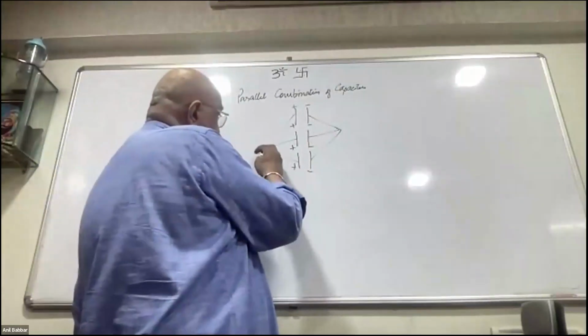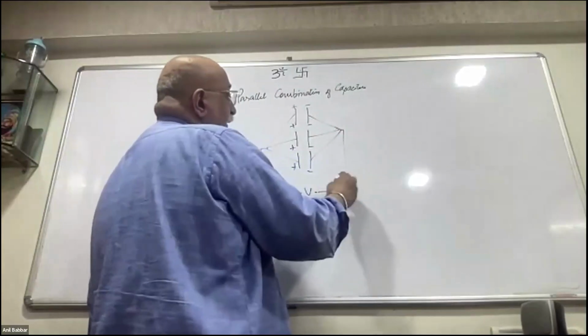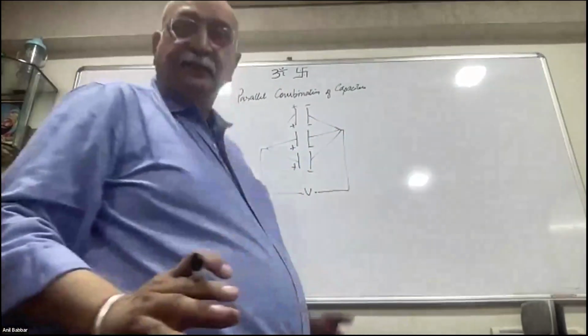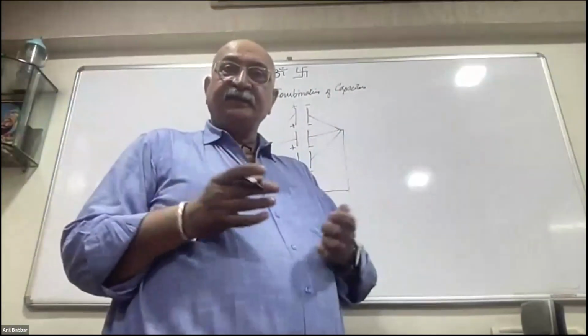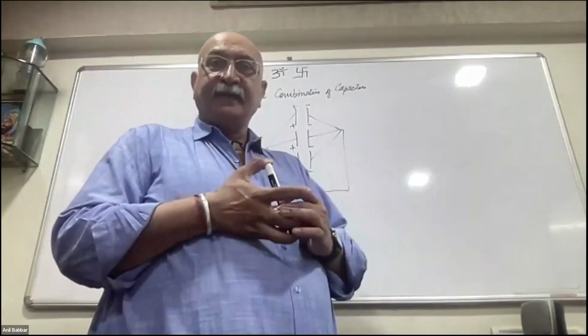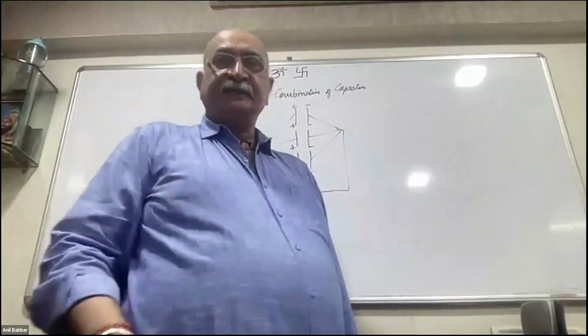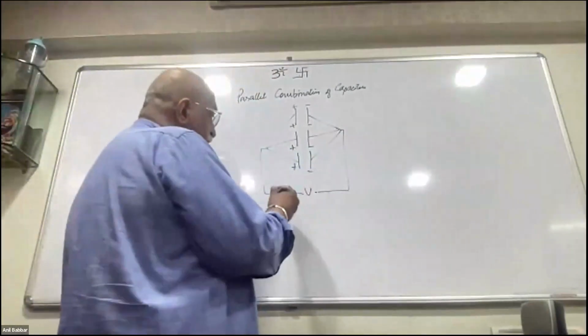So when they are connected to the potential, the potential difference applied across this combination will be the same. All the capacitors will have a common potential difference V.